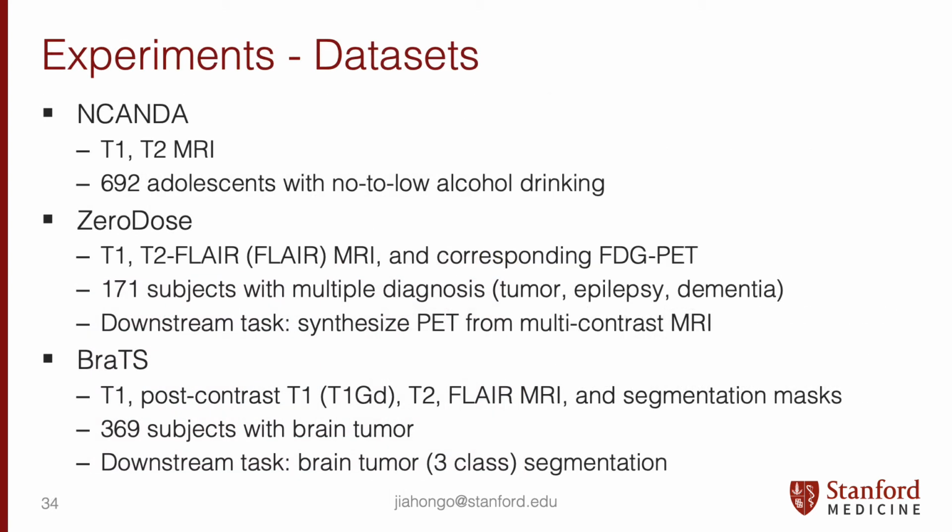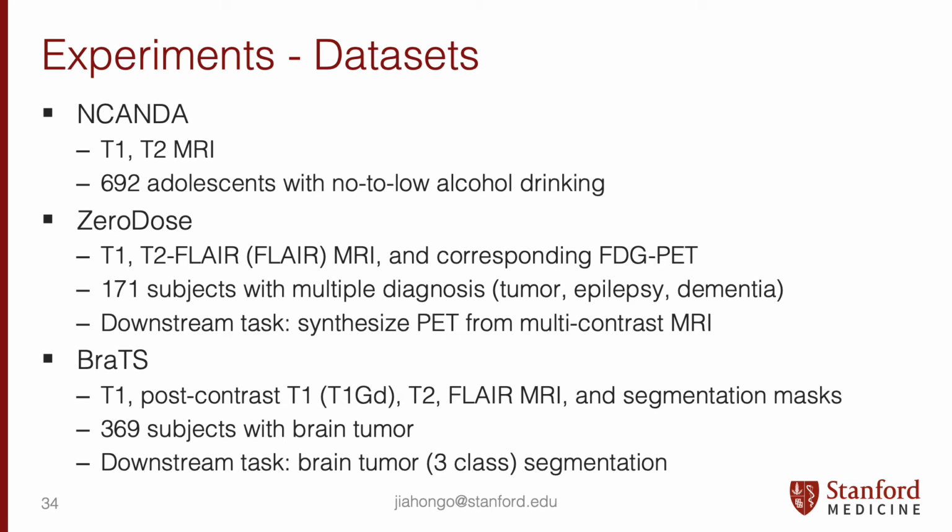We evaluate our method on 3 datasets. The first one is Incanda. It consists of T1 and T2 MRI from 692 adolescents with no to low alcohol drinking. The second one is Zero-dose. It consists of T1, T2 FLAIR MRI, and their corresponding FDG PET images, and is from 171 subjects with multiple diagnoses, including tumor, epilepsy, and dementia.